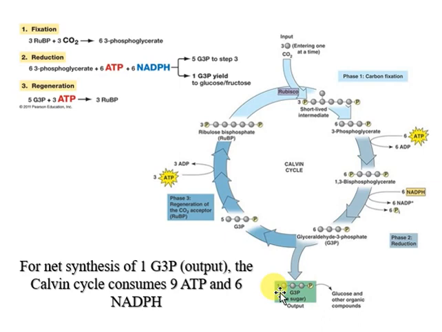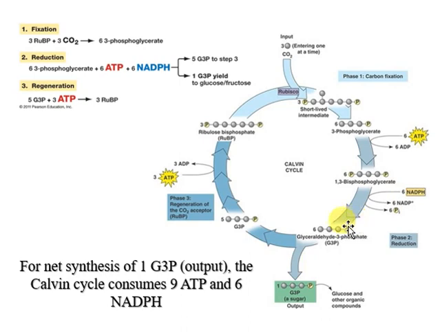the Calvin cycle will consume 9 ATP, right? 3 ATP during the regeneration, and 6 ATP during carbon fixation. And it will also consume 6 NADPH during the reduction phase.